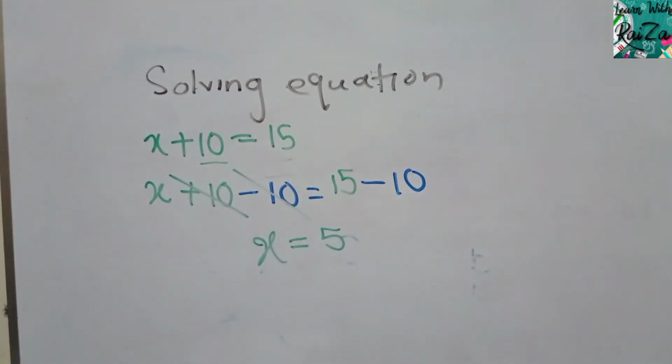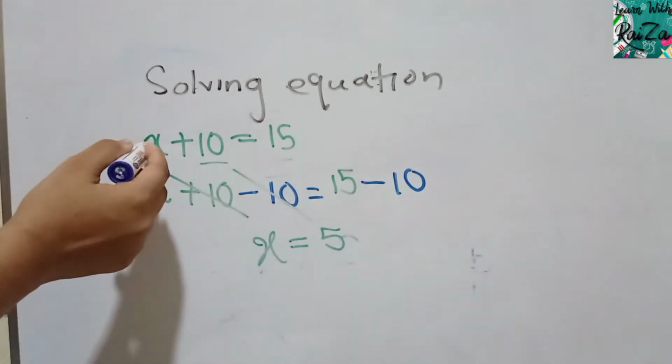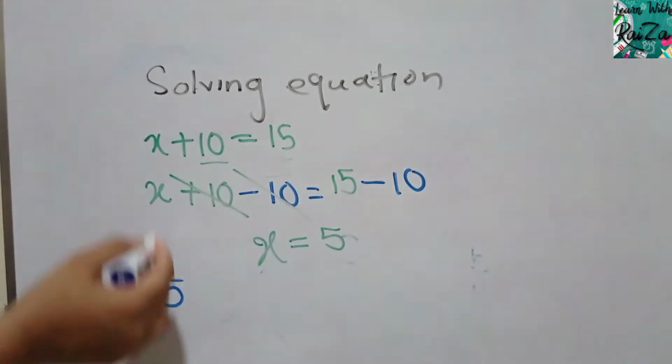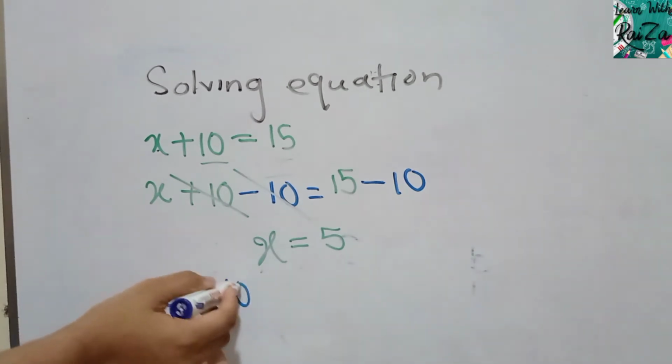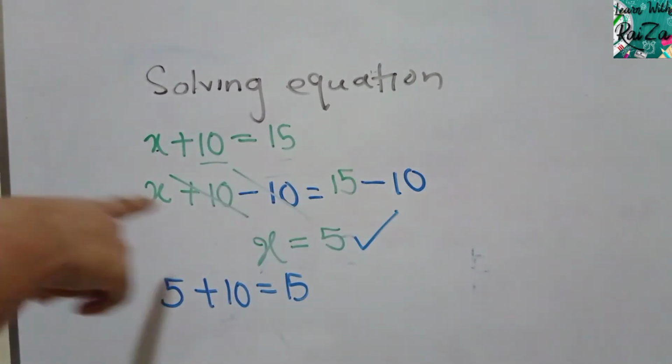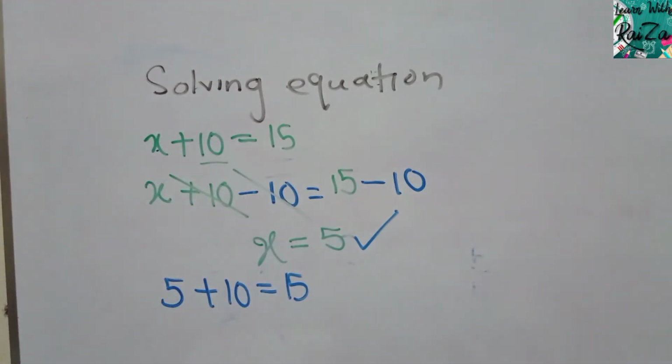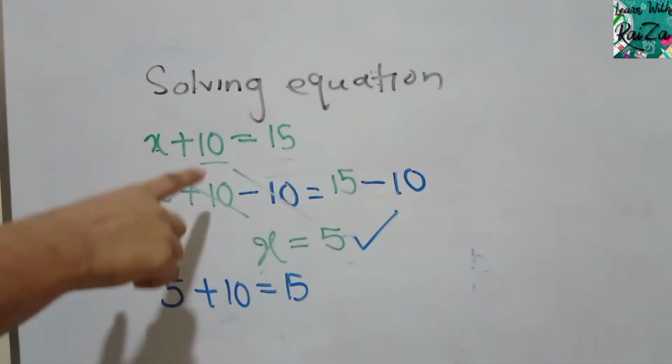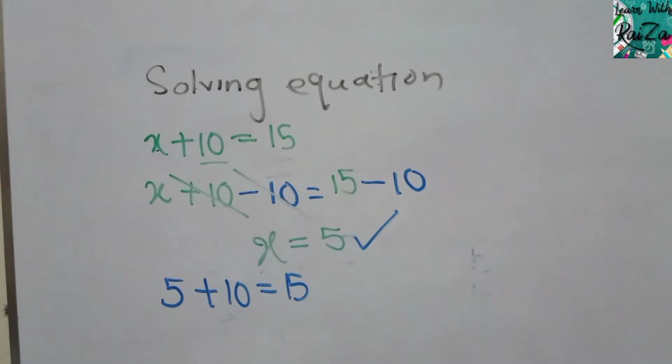So x is equal to 40. We can check the accuracy by substituting 40 for x in x plus 10. Then you get 50, so our answer is correct. So when addition is there and you want to remove it, subtract that value from both sides of the equation.